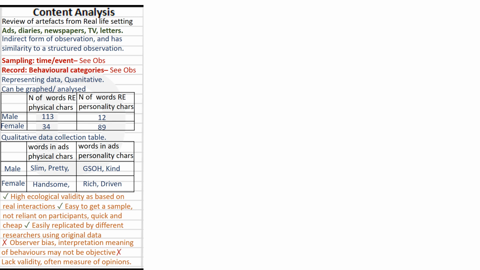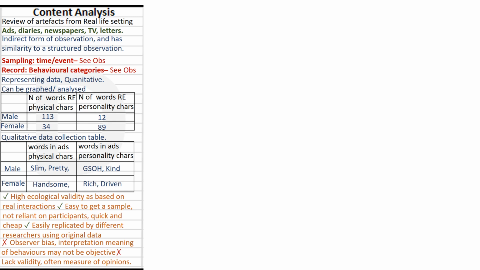Some downsides perhaps: as this is content created by individuals, sometimes it might not necessarily be too clear what they're talking about. There is a role here for the researcher being a little bit less objective than they should be in interpreting what's meant by some of this content. So even though you've got behavioral categories, you might struggle to say, well, is this really a word that's about personality or is it not? Also, it might just generally lack validity.